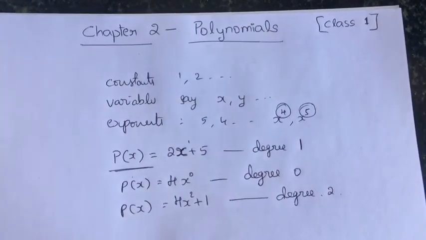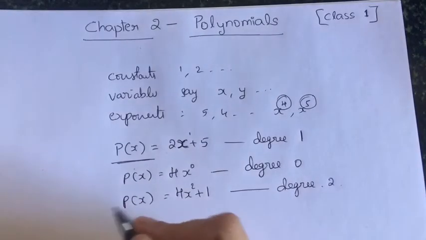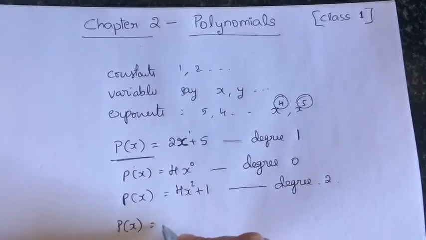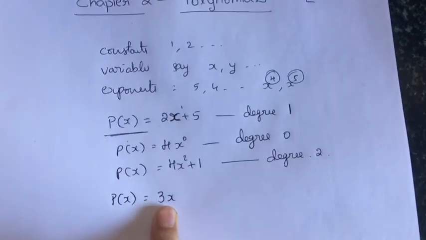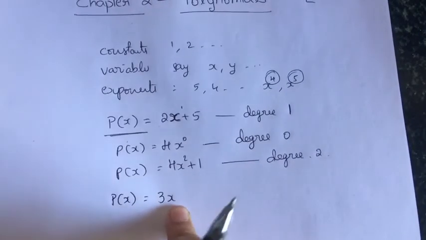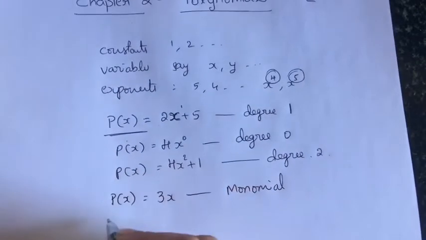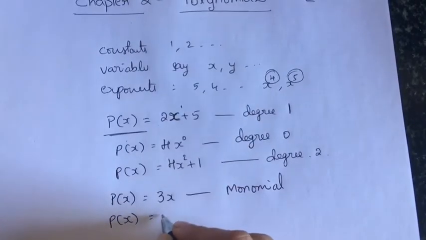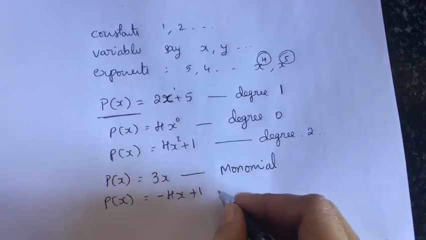And there are many types of polynomial like monomial, binomial and trinomial. What is monomial? If I have p of x as simply say 3x, it has got only one term. If a polynomial has only one term, then it is called monomial. And if it has two terms, say minus 4x plus 1, then it is binomial.